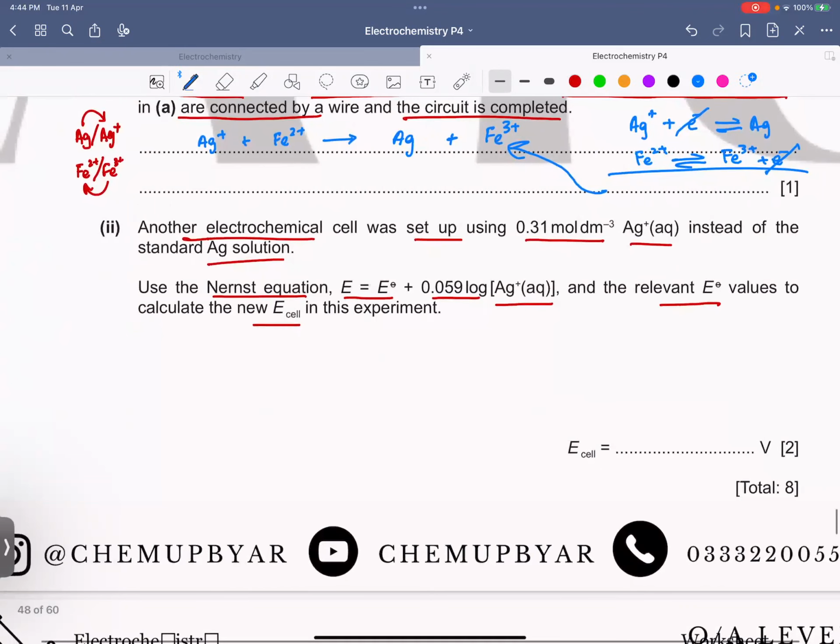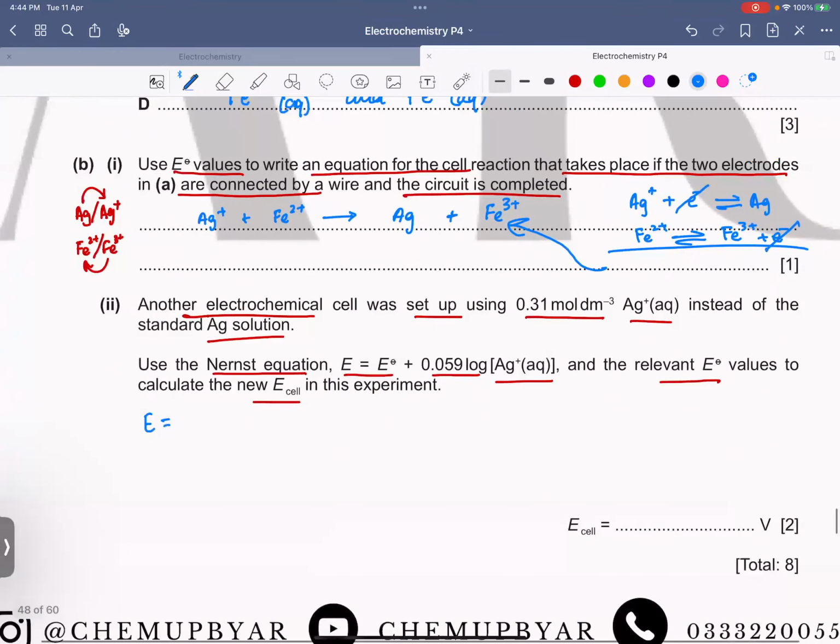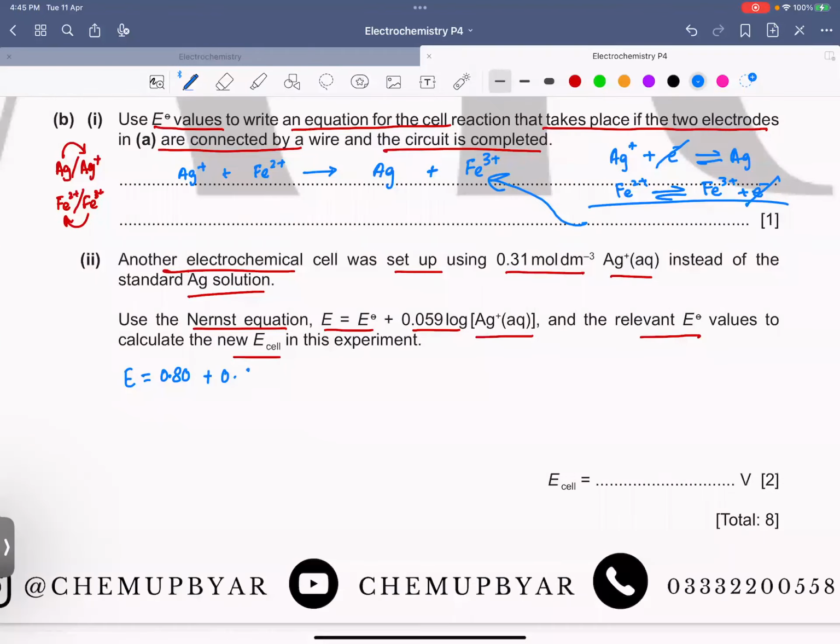The E value under non-standard conditions is equal to E naught. E naught for the silver was 0.80 plus 0.059 log concentration of silver ions, which is 0.31, so 0.770 volt.